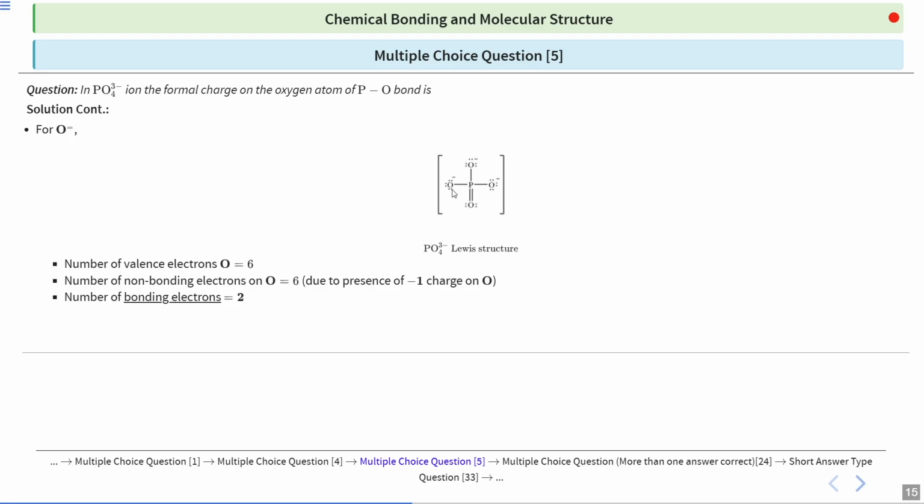So 1 bond is equal to 2 electrons. Put this in the formula of formal charge. We have the number of valence electrons minus the number of non-bonding electrons, which is 6. Then we have the number of bonding electrons, which is 2. We take half of that, and that gives you a formal charge of -1. So from here, we can say that for each P single bond O, there is a charge of -1.